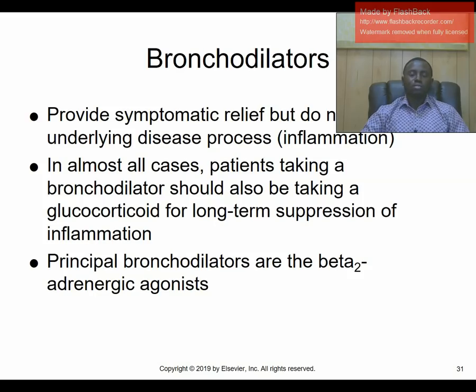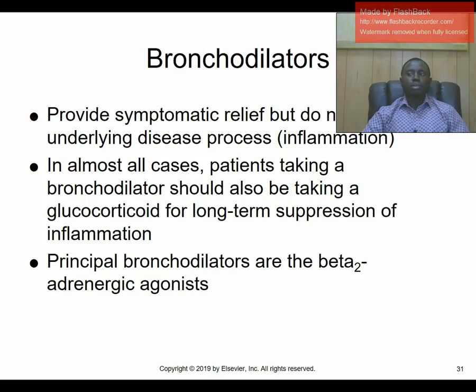So this is just for a rapid response to an attack which is ongoing. But they are also used in COPD patients to help decrease respiratory distress. In almost all cases, patients taking a bronchodilator should also be taking a glucocorticoid because glucocorticoids are used for maintenance and for long-term suppression of inflammation.